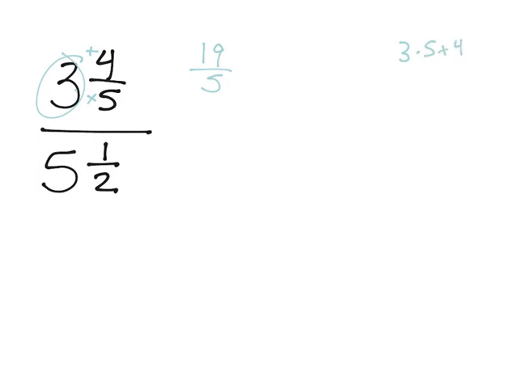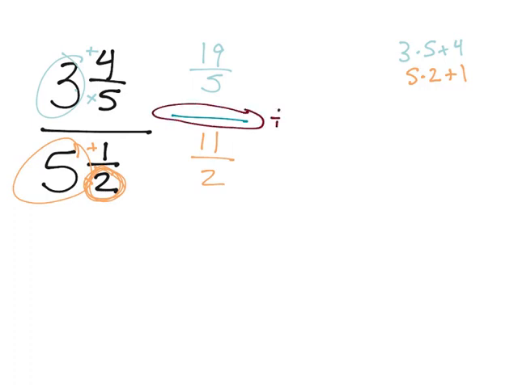That's how we got the 19. The denominator stays the same. Then in the 5 1/2, we're going to take 5 times 2 and then add 1. So 5 times 2 is 10, plus 1 gives me 11, and my denominator here is 2. Now I'm ready to rewrite my problem as division.